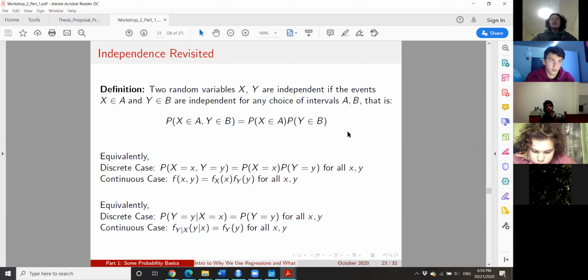Or that the events that they belong to those sets are independent. You have this as an equivalent, and then the definition based on conditionality, which is that the conditional distribution must be the same as the unconditional distribution for independence.